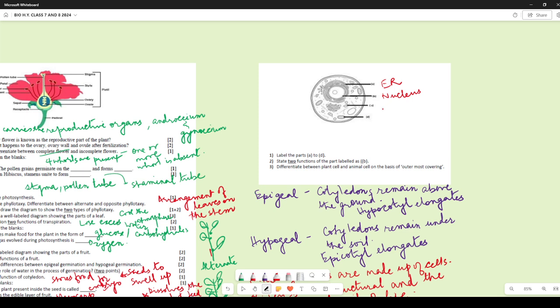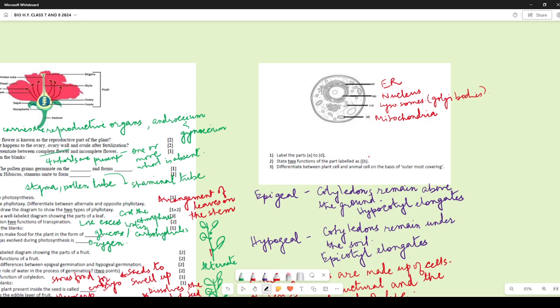Part C is, I think, lysosome or ribosome. It is not so clear over here, this diagram, but I am sure in your exam you will get a clearer diagram. And this is mitochondria. Maybe it is Golgi bodies or lysosomes. It's not so clear over here. So you label these parts.